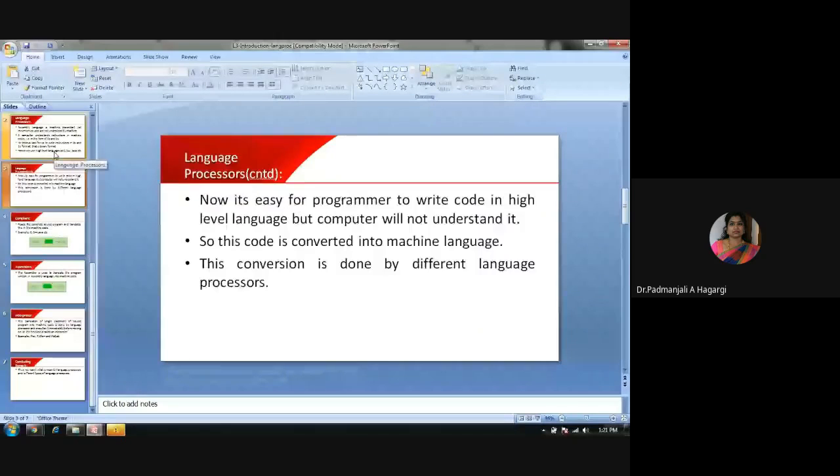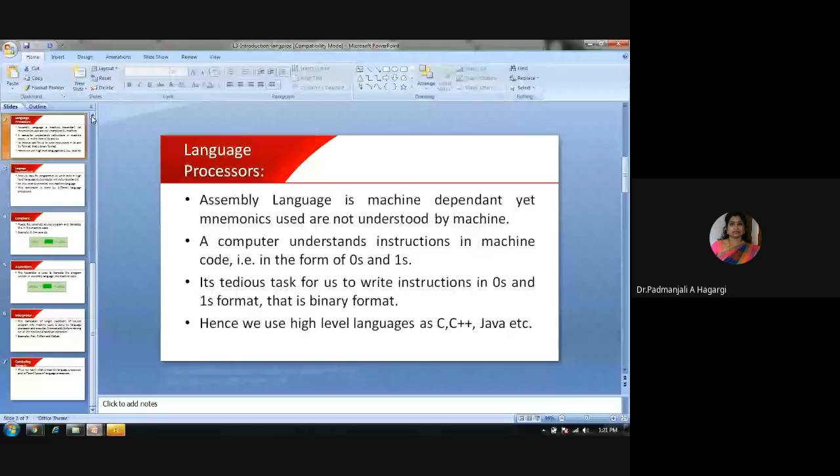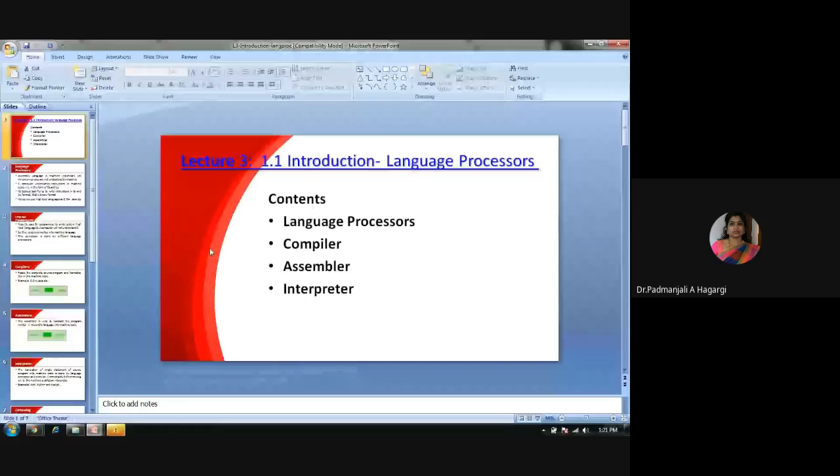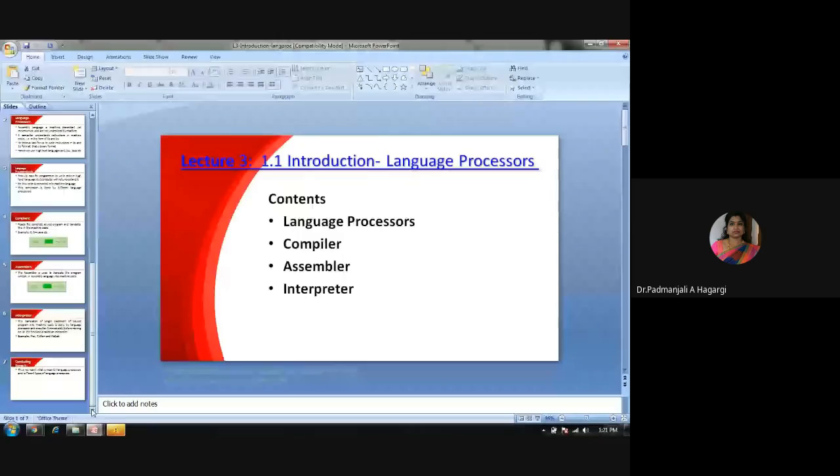We studied the semantic gap and the application gap, the gap between the application and the execution. These gaps are filled by the language processors, loaders, linkers, compilers, assemblers, and interpreters.